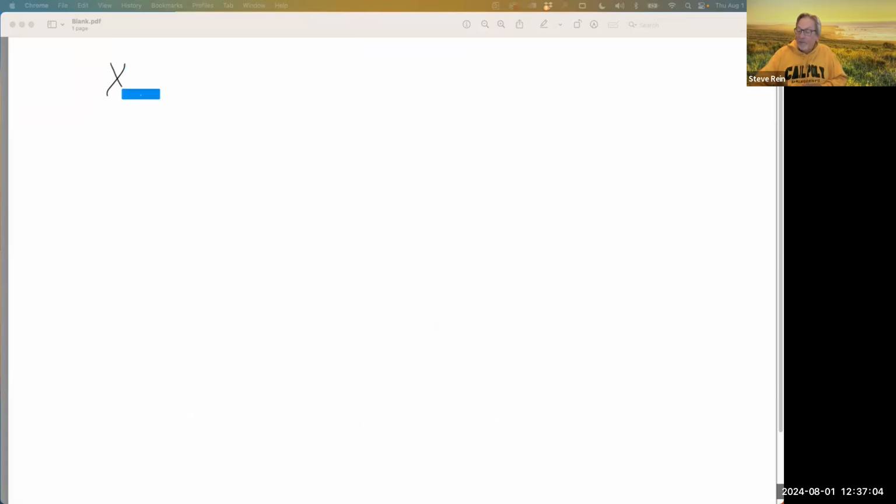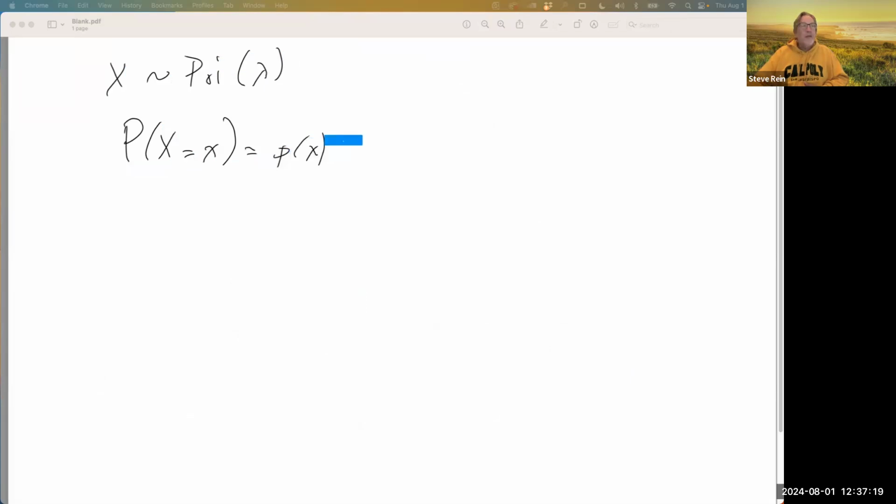So if X is distributed Poisson with parameter lambda, POI for Poisson, we would say then the probability that X is equal to lowercase x, a particular possible value, or P of X, that's the PMF, is just e to the minus lambda, times lambda to the x power over x factorial.